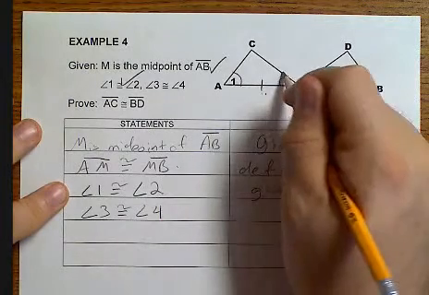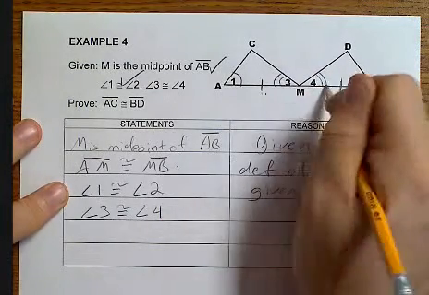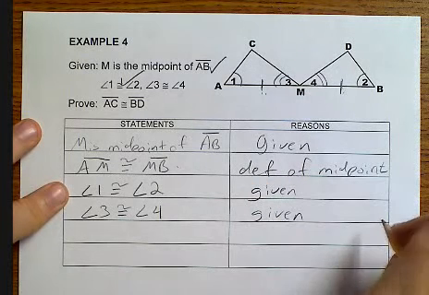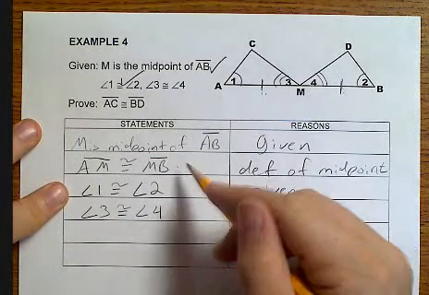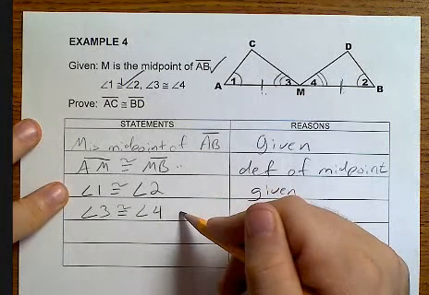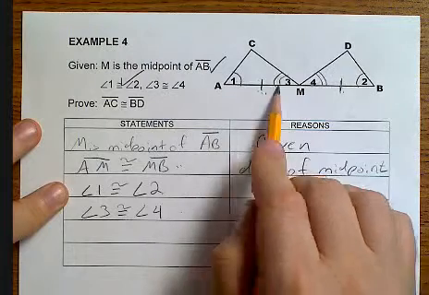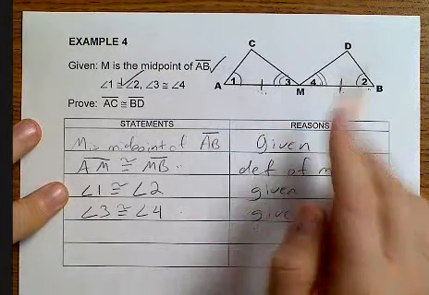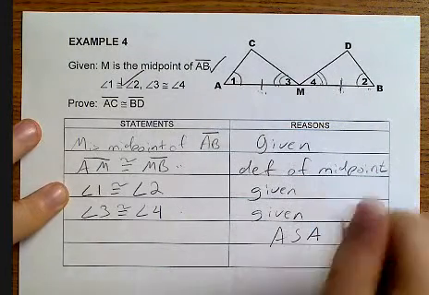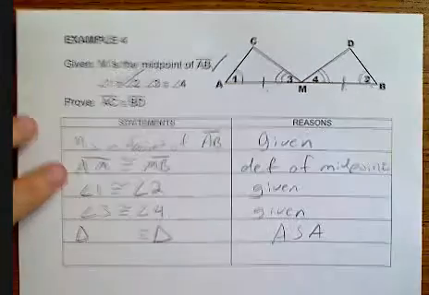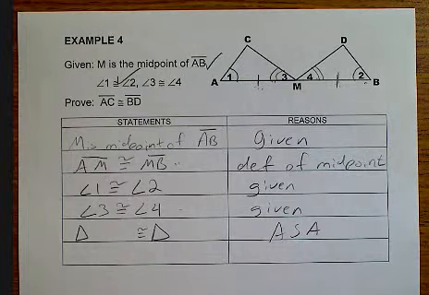Mark these with double marks. This was also given to us. Got 3 congruencies. Well, I've got an angle, a side, and an angle. Angle, side, angle. So this is ASA. And I know that 2 triangles are congruent. It's just a matter of getting the names right.